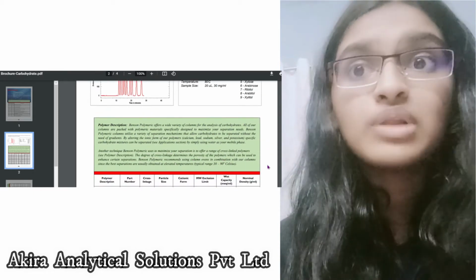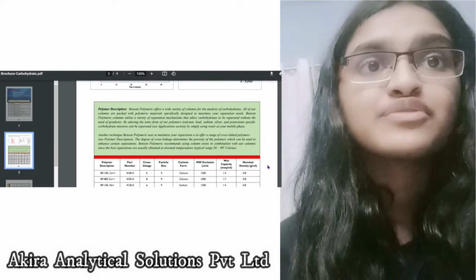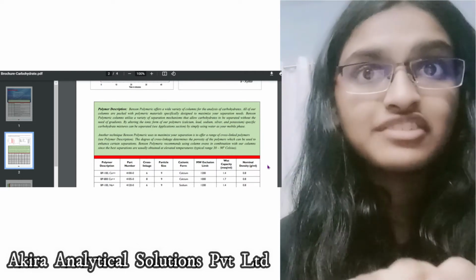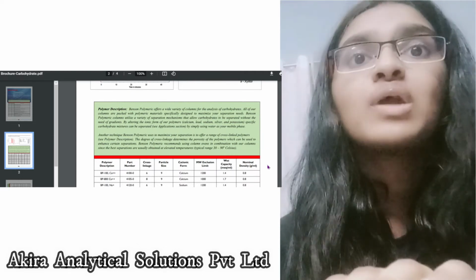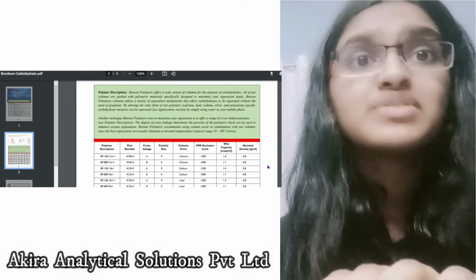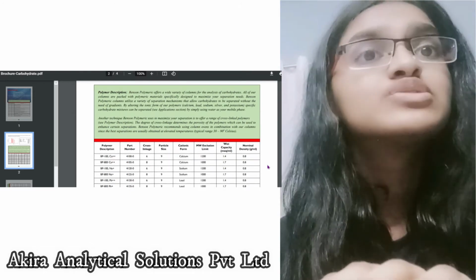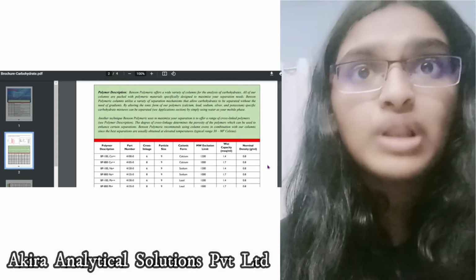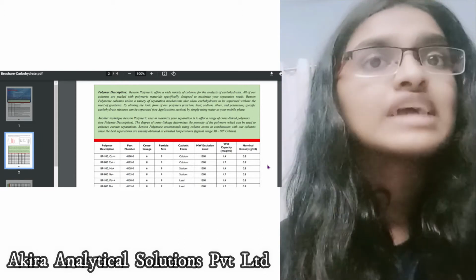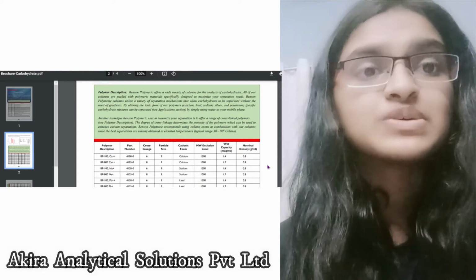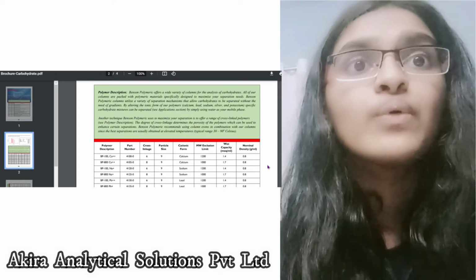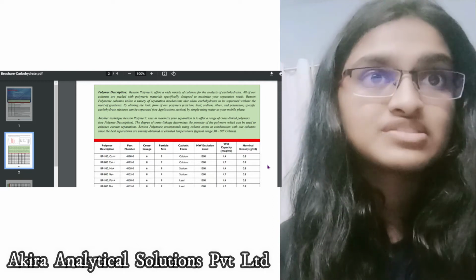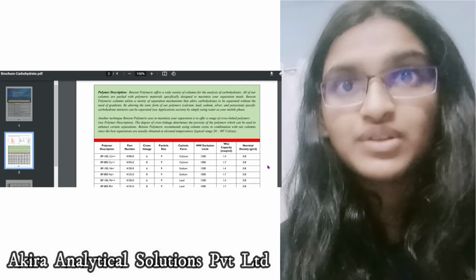Benson Polymeric offers a wide variety of columns for the analysis of carbohydrates, and all of their columns are packed with polymeric materials specifically designed to maximize your separation needs. Their columns utilize a variety of separation mechanisms that allow carbohydrates to be separated without the need of gradients.